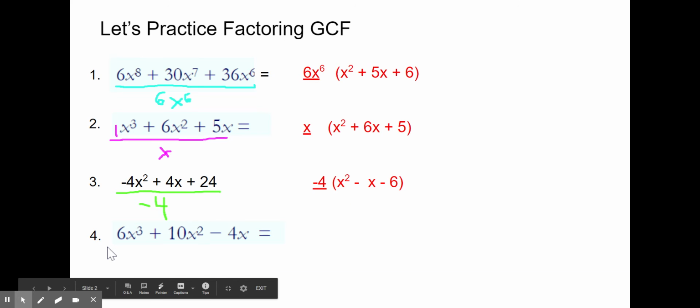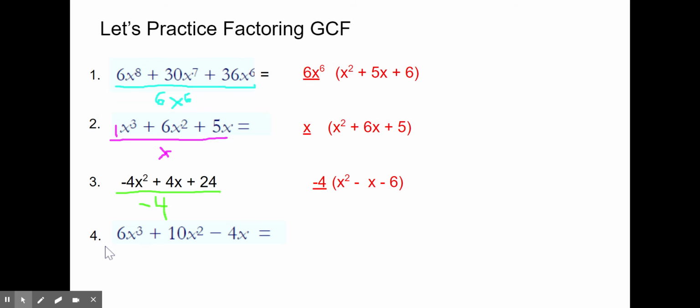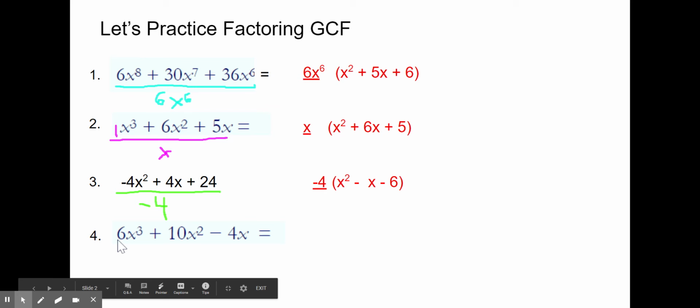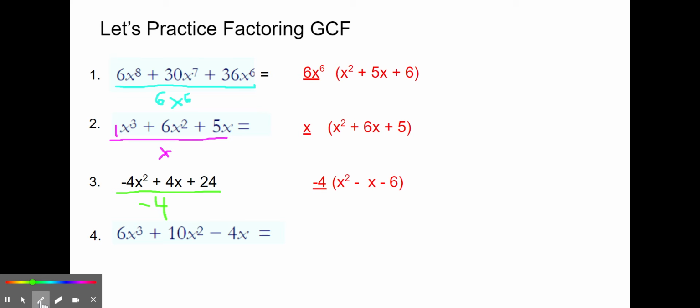Let's look at number 4 for a minute. Number 4, we have as coefficients 6, 10, and negative 4. Well, our GCF of 6, 10, and negative 4 is 2. Our GCF of x to the 3rd, x squared, and x is the smallest exponent of x.